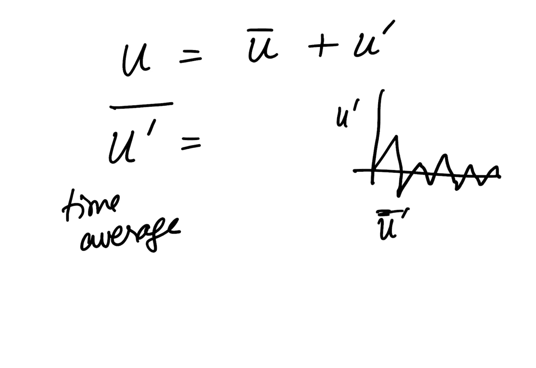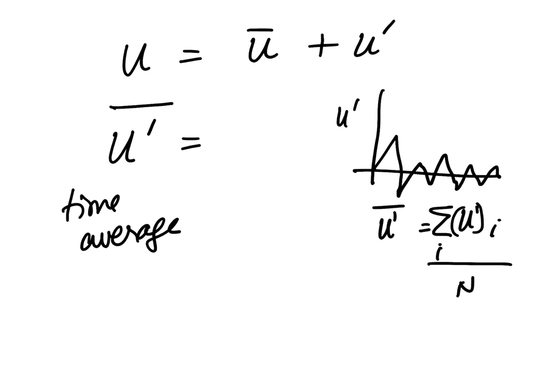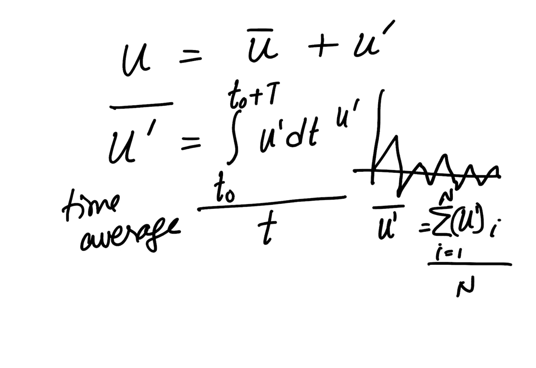You would take the average value of U dash to be the sum of all the U dash measured, divided by the number of observations. I can express this in integral form as the integral from T naught to T naught plus T of U dash dt, divided by T.